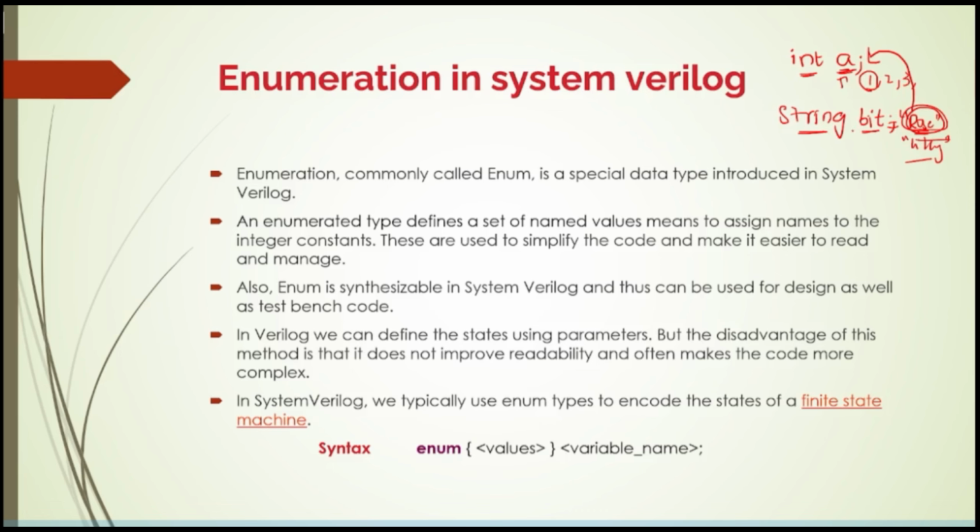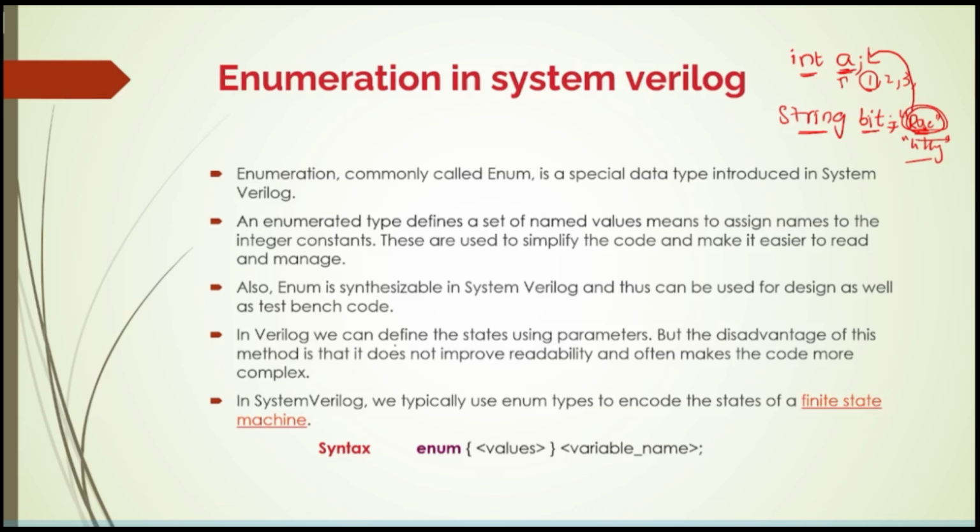For this we use a data type called enum in System Verilog. And one more important thing is that enum is synthesizable in nature. So we can use it both in RTL code of System Verilog as well as in test bench code. So this is about System Verilog enumeration.